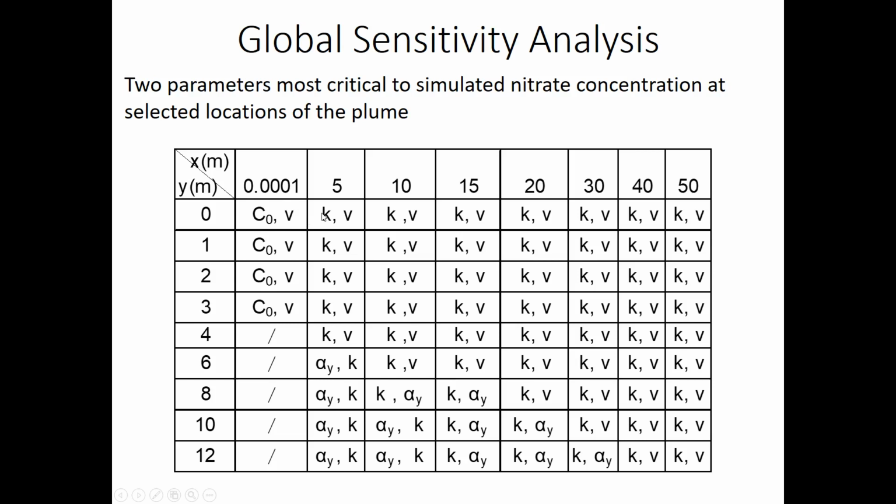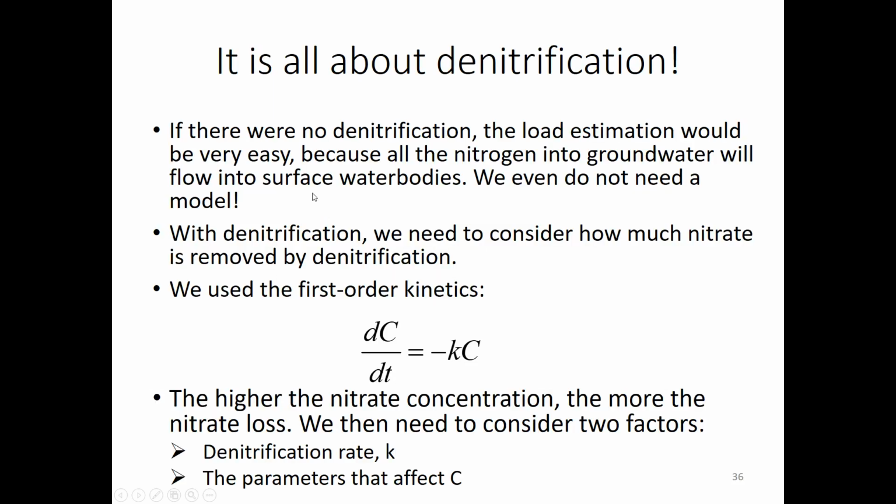So why is K always important? It's all about denitrification. You can imagine a special case with no denitrification. That means what enters the groundwater can flow out of groundwater to surface water. So in that case, without denitrification, the load estimation would be very easy because all the nitrogen into groundwater will flow into the surface water body.